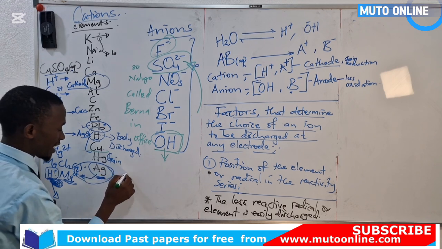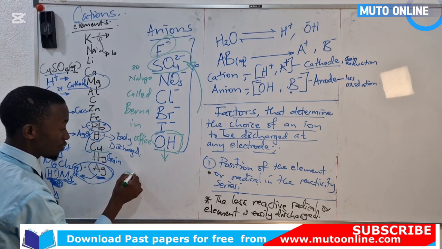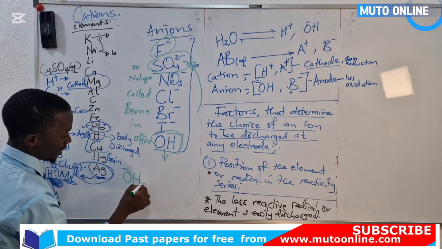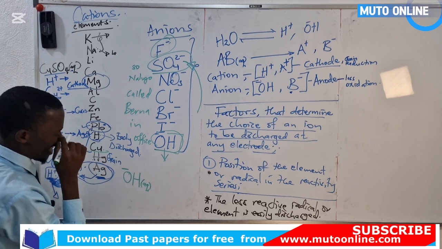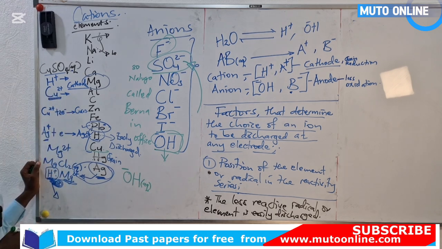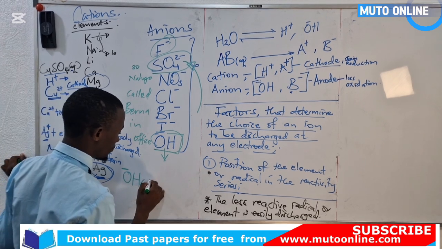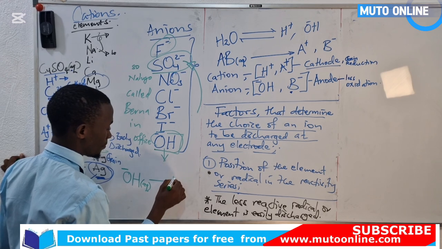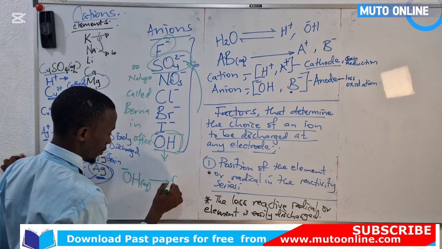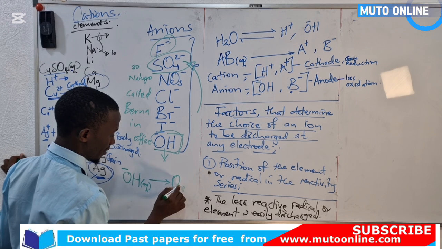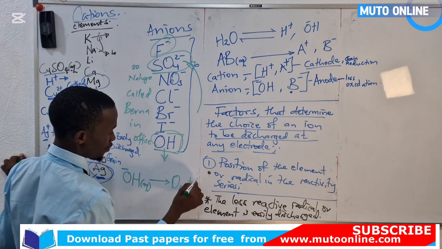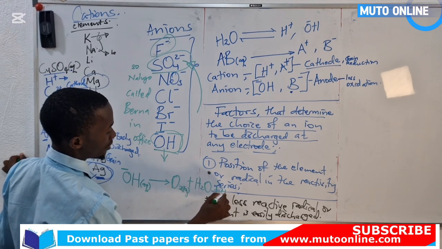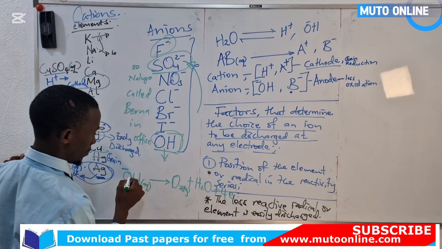And we should not forget that, for the discharge, we should know these equations. In the syllabus book, it is well stated in the learning outcomes that a learner should be good at writing these equations. So the hydroxide ion is discharged by formation of oxygen gas and water after losing 4 electrons.